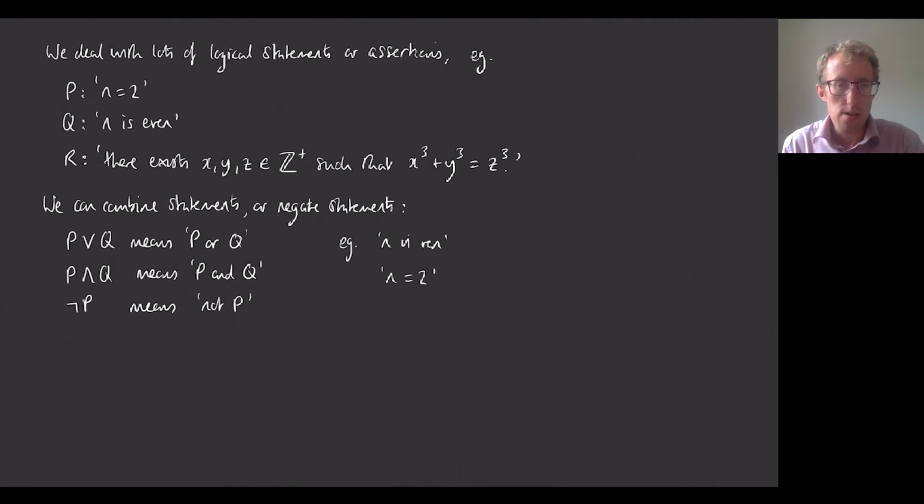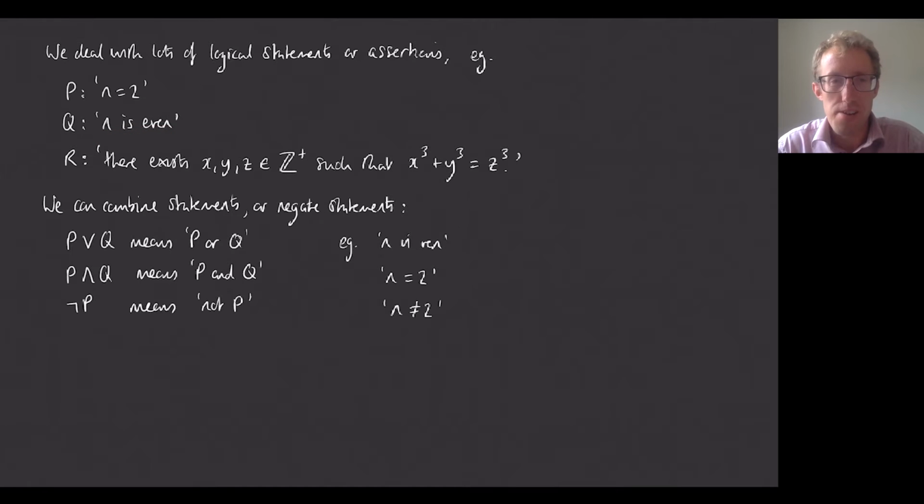And not P, that would be equivalent to saying n is not 2. So that's called negating the statement, saying that the statement is not true. Not Q in this case, that would be that n is not even, at least strictly that's what it would be.